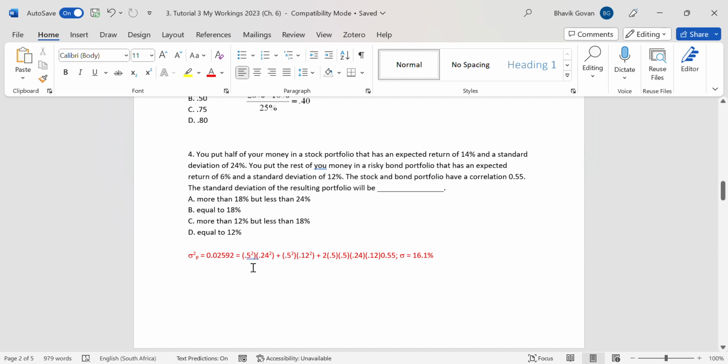The weight of asset 1 squared times the standard deviation of asset 1 squared, plus the weight of asset 2 squared times the standard deviation of asset 2 squared, plus 2 times the weight of asset 1 times the weight of asset 2 times the standard deviation of asset 1 times the standard deviation of asset 2 times the correlation coefficient, and then we'll square root all of that to get the standard deviation of 16.1%. So our answer in this case is C.